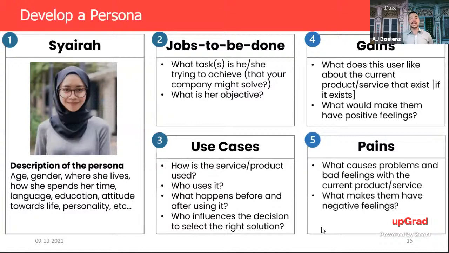One thing that we want to stay away from as much as possible is focusing just on demographic information, such as gender and cultural things, age, income levels. We don't want to focus just on these things.